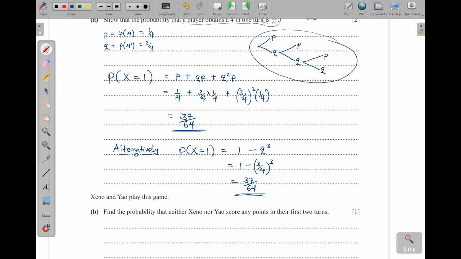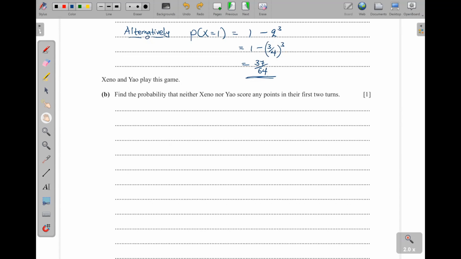So if it is 2 turns, that means we shall get another one here, okay? That is what it means. Now, I'm going to have x to represent Zeno, and then y to represent Yao.